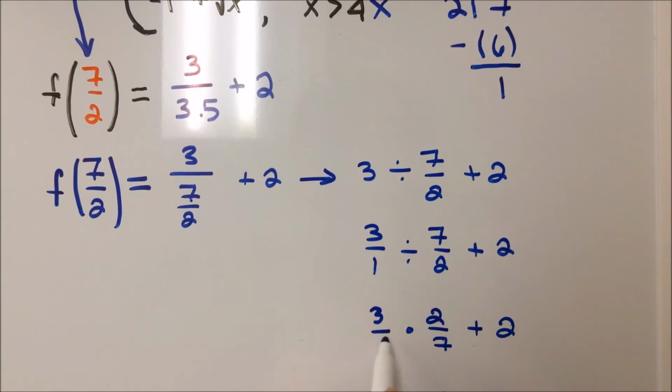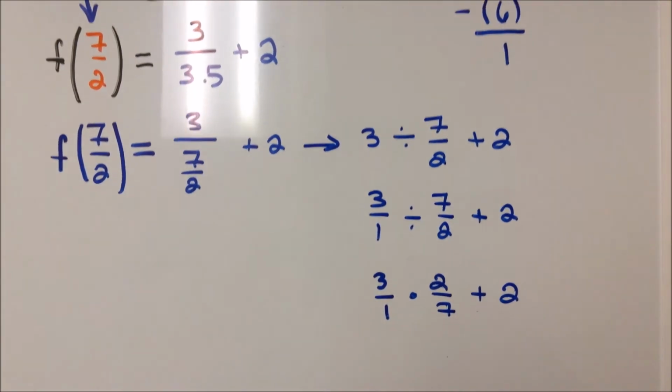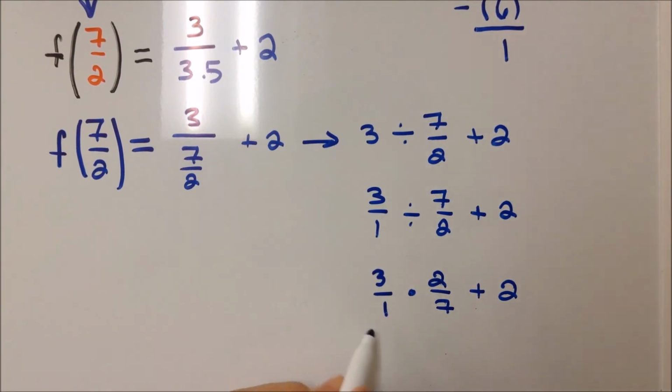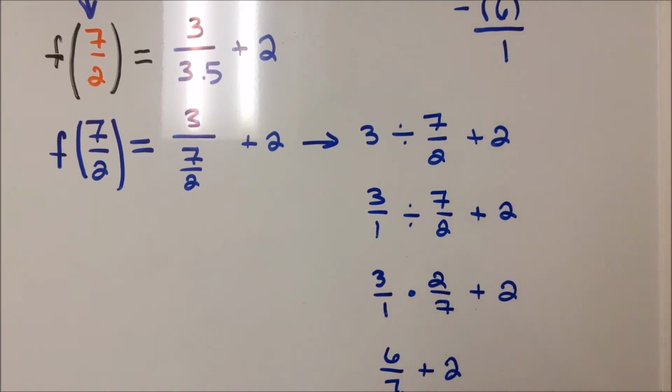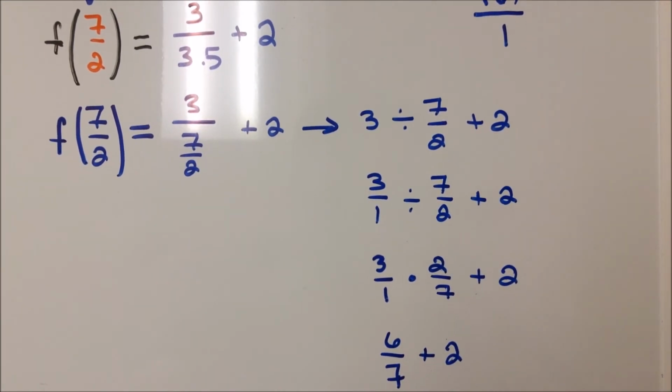So now two fractions multiply, you just multiply straight across. So it's going to be 6 over 7. 3 times 2 is 6, 1 times 7 is 7, plus 2. Now here's the issue. Fraction, whole number.